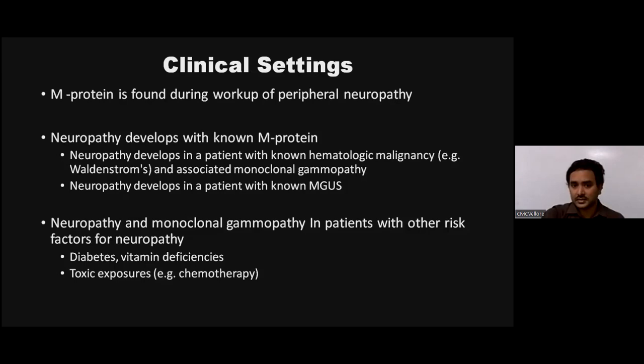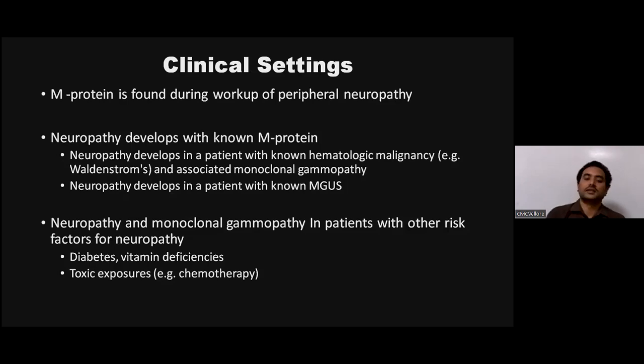Secondly, a patient with known M protein develops neuropathy. For example, a hematology patient with Waldenström macroglobulinemia may have an evaluation showing an M protein, and then we get a consultation. Then sometimes patients with known MGUS can develop neuropathy.